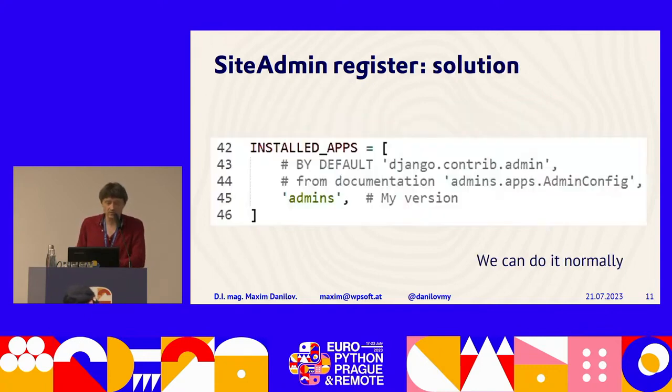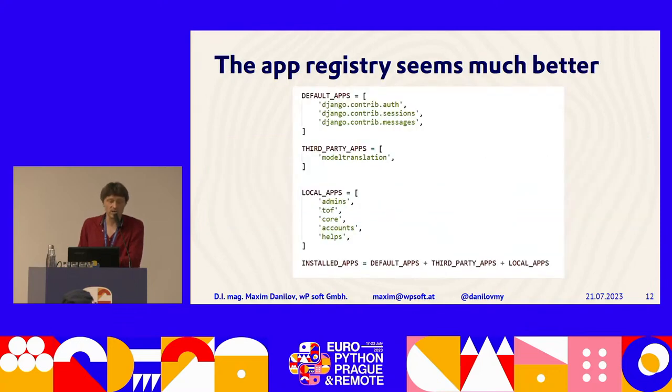My offer to you is to create an application which I call admins, and register this admins application like a normal one. Why should we do it this way? Because we can achieve readability in our settings.py.